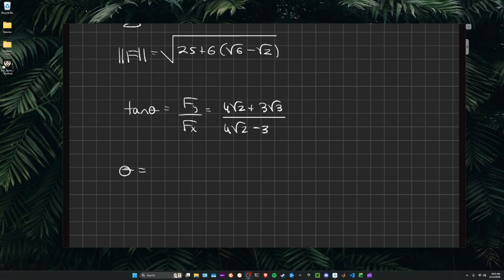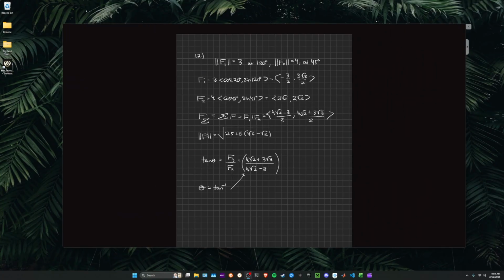So theta would be the arctangent of all of this, which, if you have a calculator, you can go ahead and plug that in. But I don't have a calculator, so I have no idea what that is. Okay. So nothing crazy here. Just remember that we can express x and y components as some multiple of cosine theta, or sine theta for the y direction.